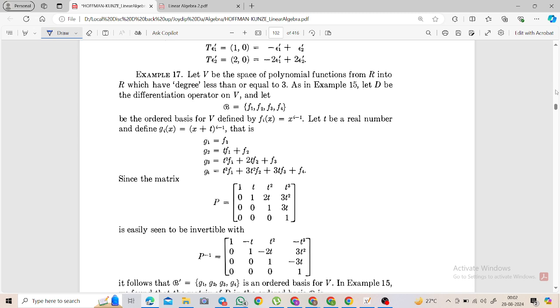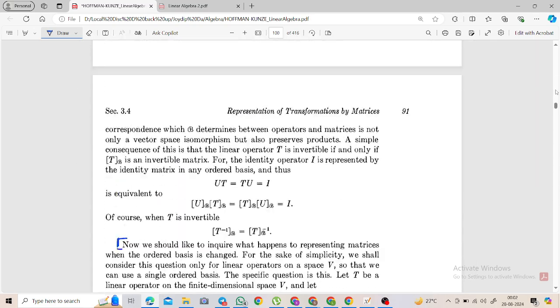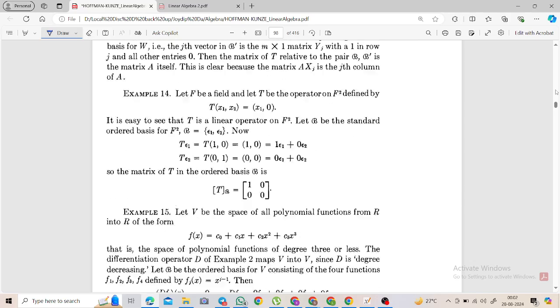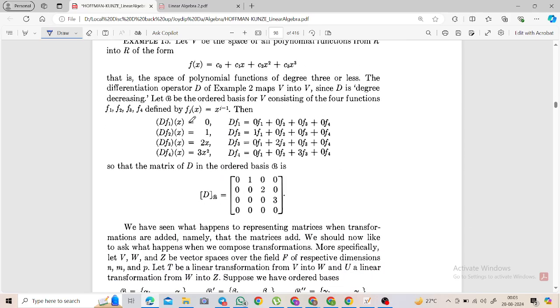Example 17, we had already seen the matrix, it was 0 1 2 3. I mean, for the differential operator, that was the matrix there. Yeah, this is the matrix for the differential operator with respect to the basis 1, x, x square, x cube.